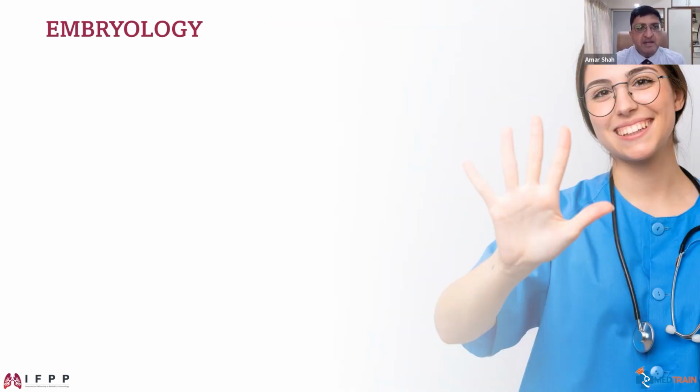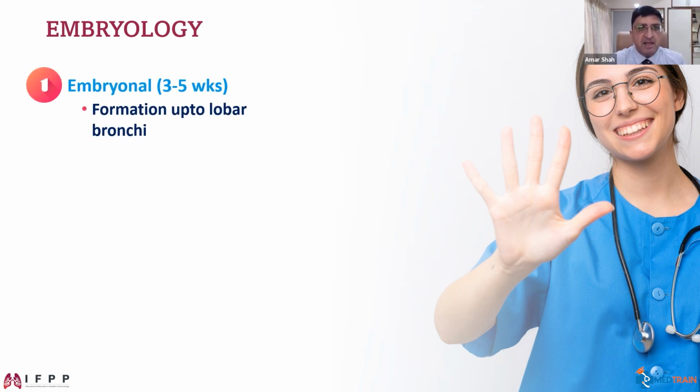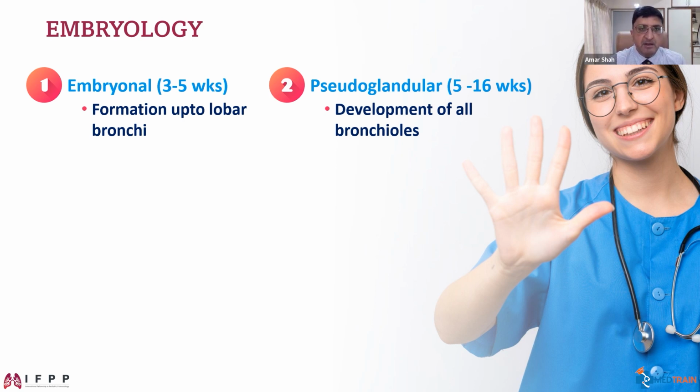The lung basically develops in 5 stages. It starts as early as the 3rd week of intrauterine life, with the embryonal phase, in which formation takes place up to the lower bronchi level. The next is the pseudoglandular phase, between 5 and 16 weeks, when all the bronchioles develop.